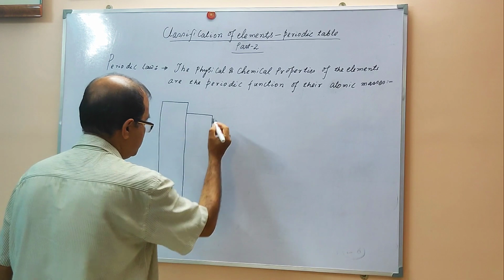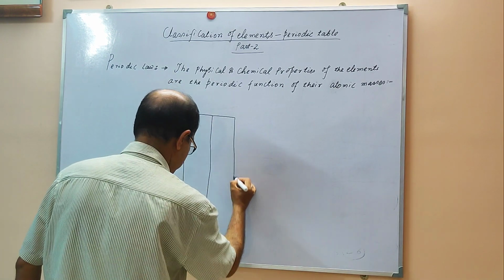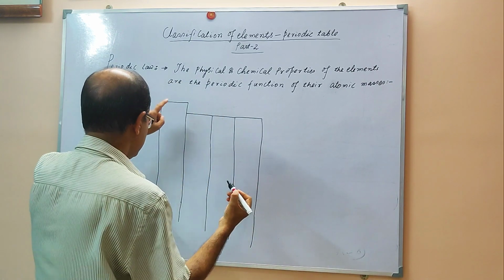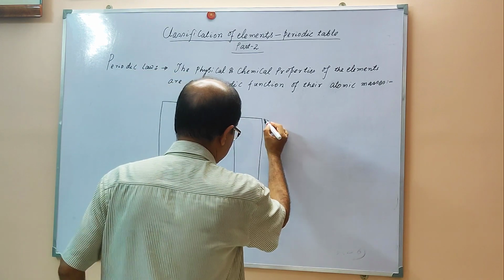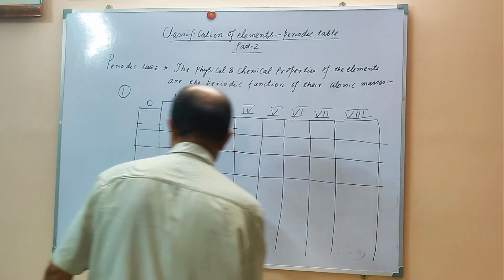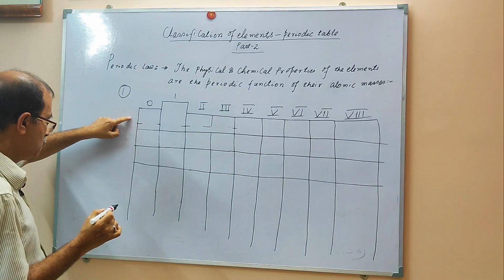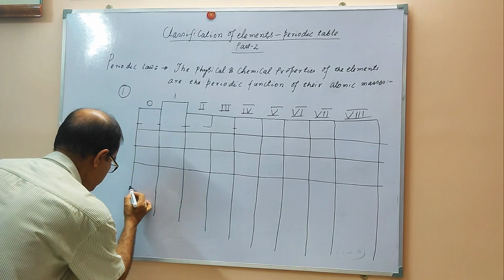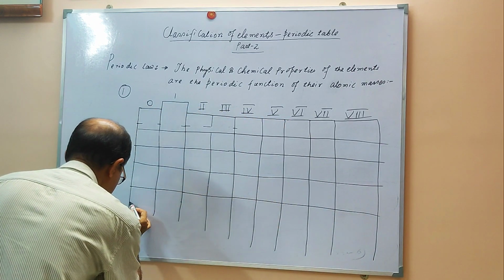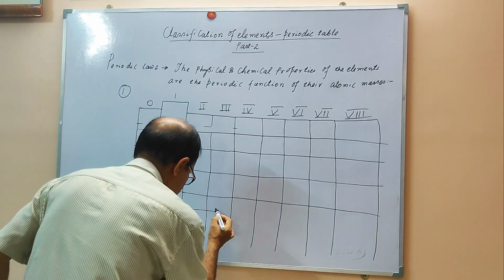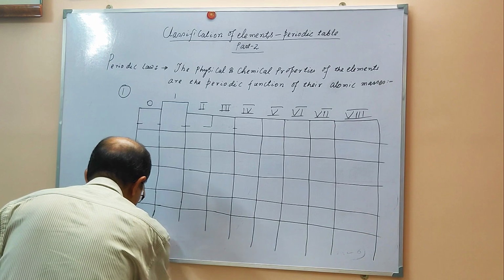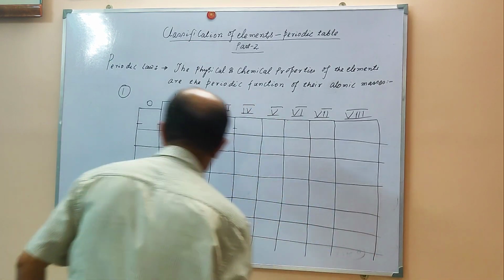First, let us have group 1, group 2, group 3, group 4, 5, 6, 7.